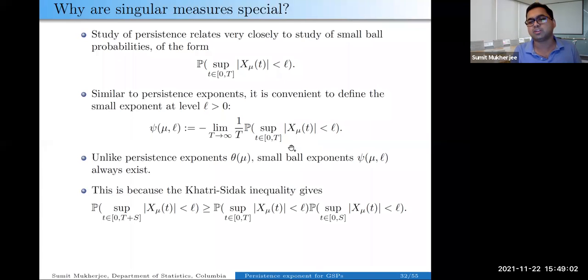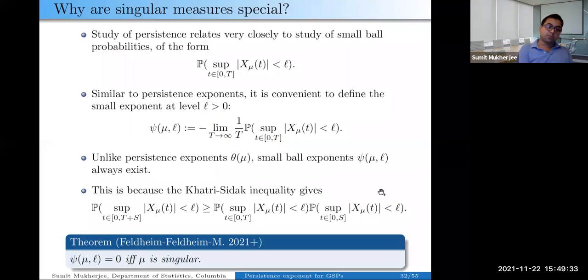Well, I do need to be able to define continuity of sample path. So assume the log beta moment, but no assumptions on mu prime 0, no assumptions on niceness near 0. And this is because of the Khatri-Sidak inequality. This is well known, or I don't know if the exponent is stated in this way in the literature, but it follows immediately from what is known: you have this bound, again by subadditivity, and you have this exponent.